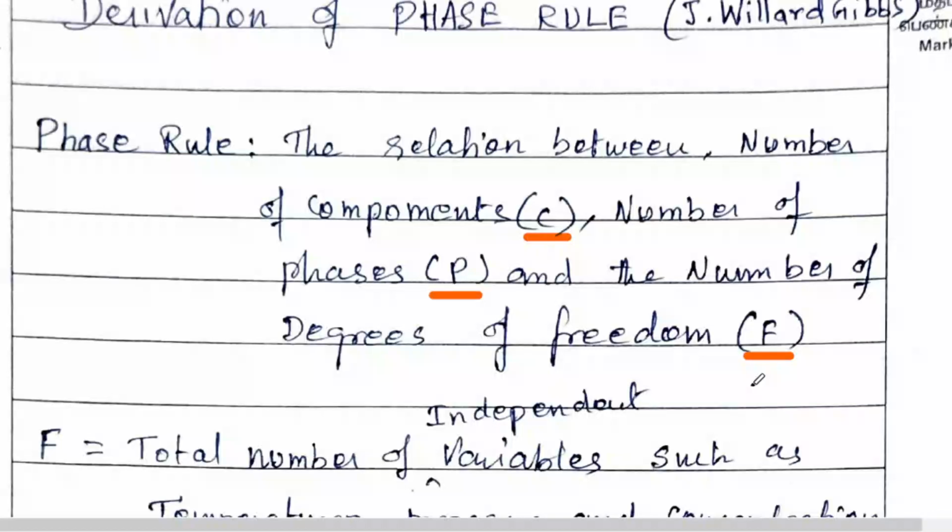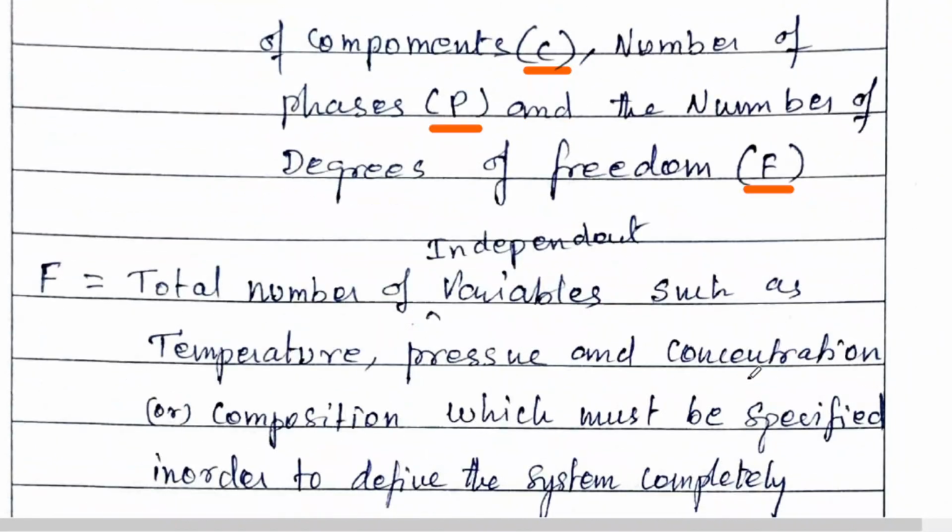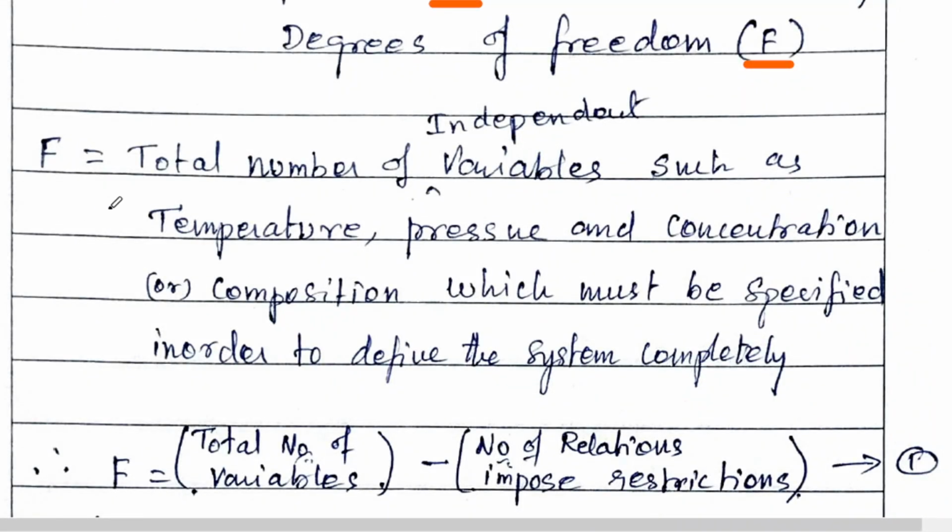The degrees of freedom is defined as the total number of independent variables such as temperature, pressure, and concentration or composition which must be specified in order to define the system completely.